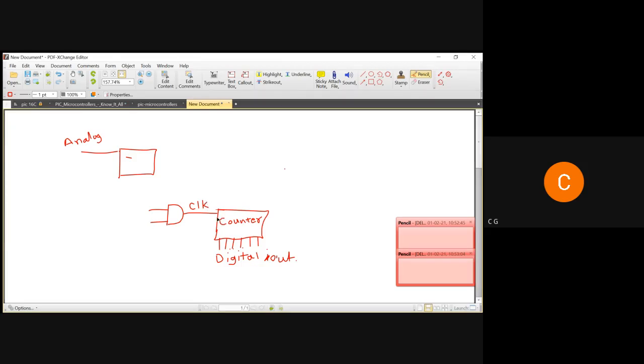The role of the counter is that it has to count the clock. There is one fixed clock, and it works continuously according to the signal. Now there is a D2A converter.